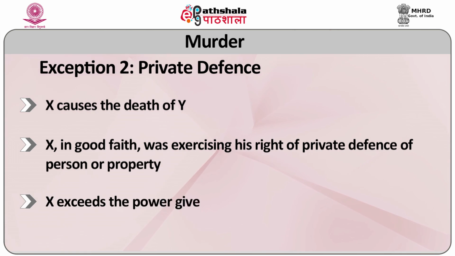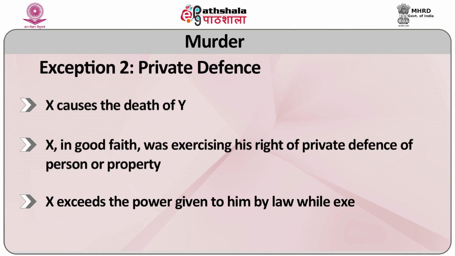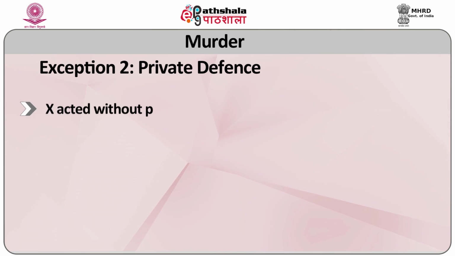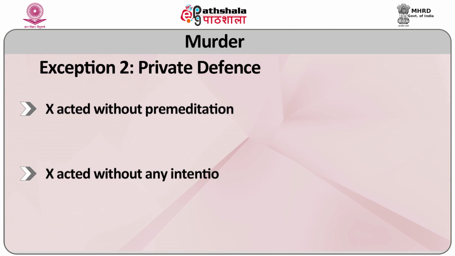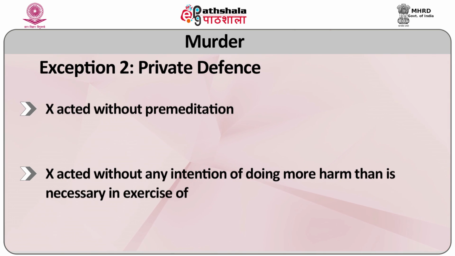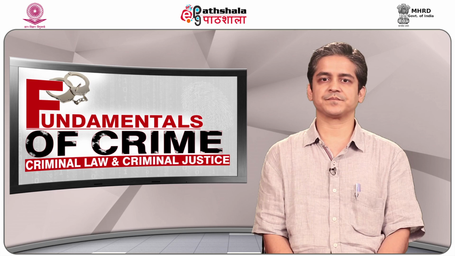X exceeds the power given to him by law while exercising his right of private defense. X has acted without premeditation. X has acted without any intention of doing more harm than necessary in exercise of his right of private defense.